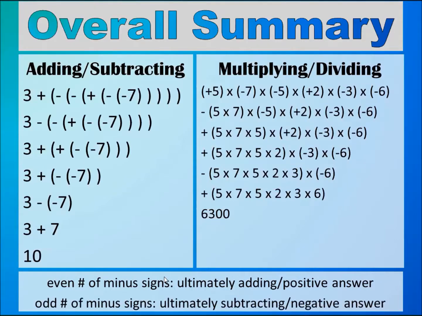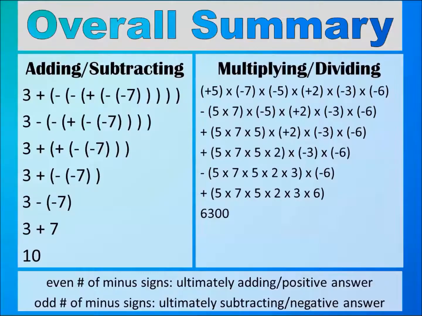If you have an odd number of minus signs, you're ultimately subtracting if you're adding or subtracting, or you have ultimately a negative answer if you're multiplying or dividing. From the odd number of minus signs, you can subtract an even number of minus signs and end up with 1 minus sign.